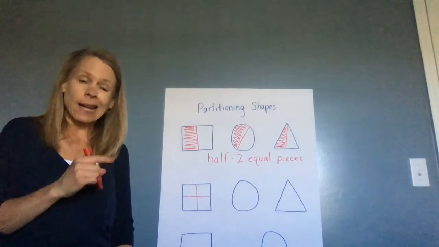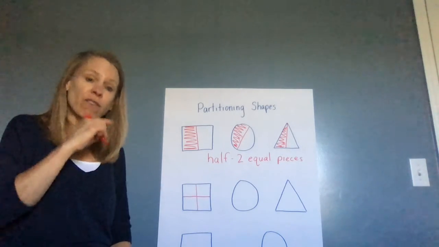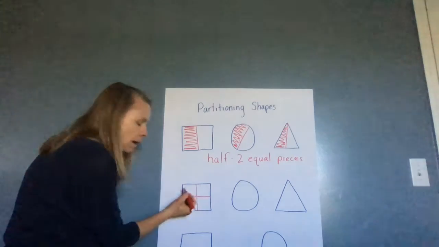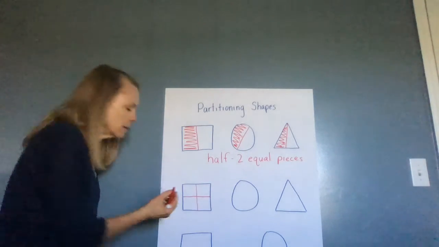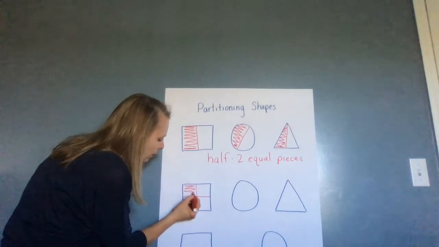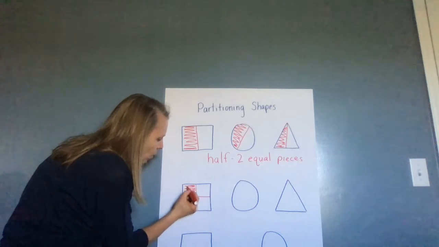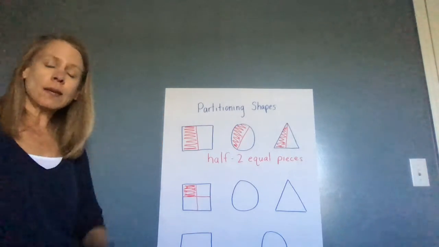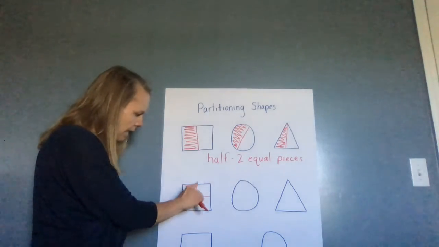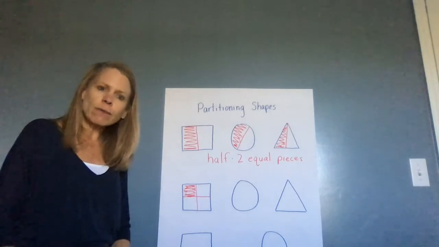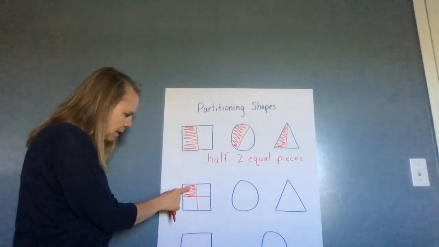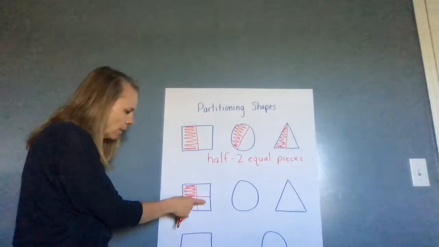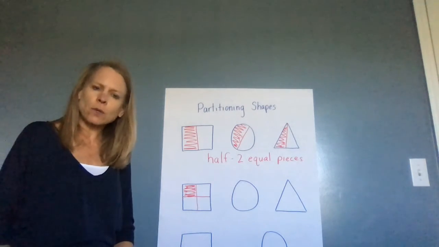So if I say, I want you to color in a fourth of this circle, I want you to color in one of those 4 pieces. And so here is a coloring in a fourth. Now, on your iReady lesson, one of the things it's going to say is it's not going to have the lines. And you have to decide, if I take this piece, how many of them could I put in that square?